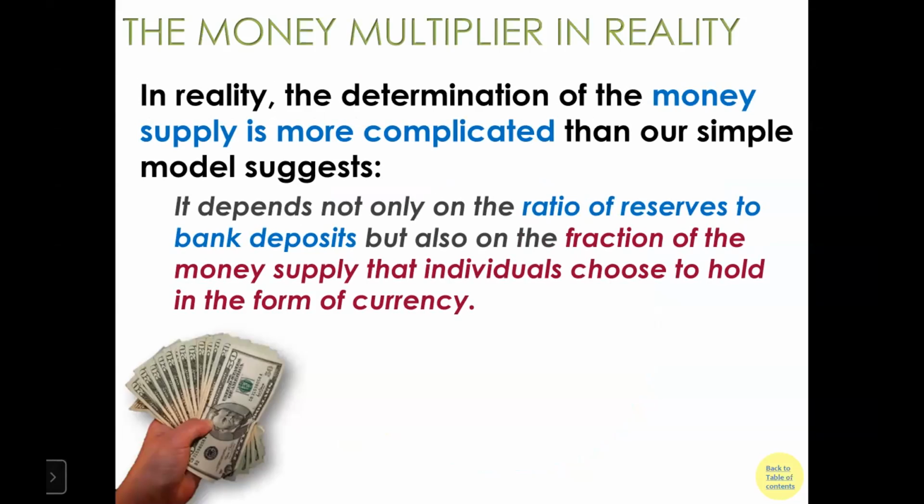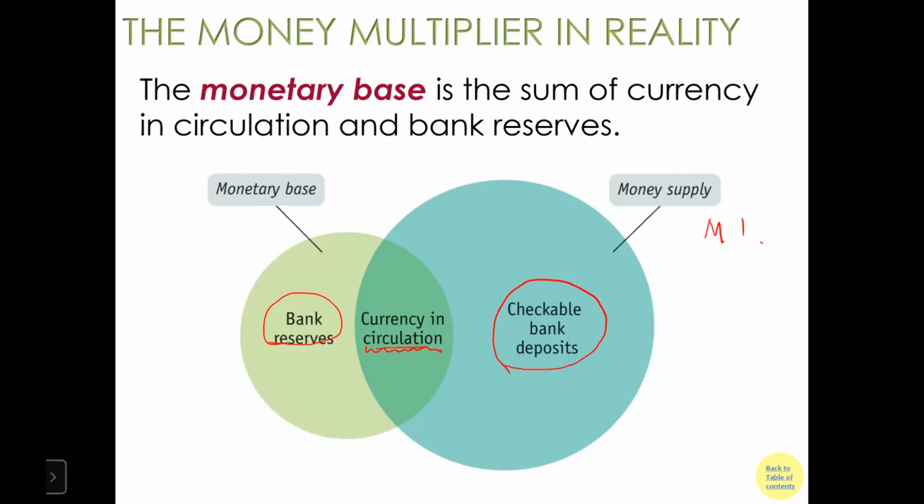In reality, how the money supply is determined is more complicated than our simple model suggests. It not only depends on the reserve ratio, it also depends on how much cash we choose to hold. Say, for example, if we receive some money from the central bank, how much are we going to keep as cash?